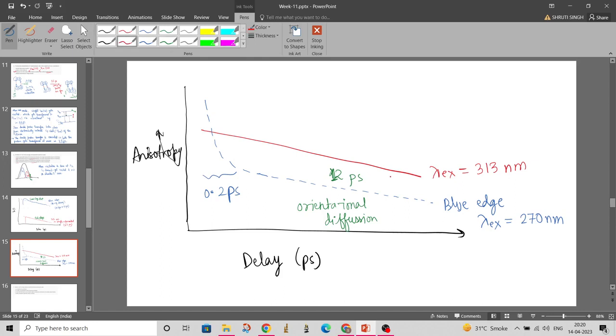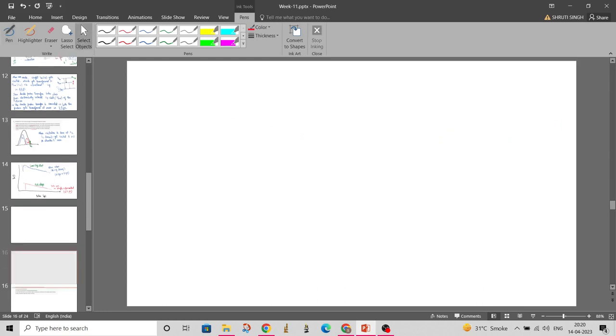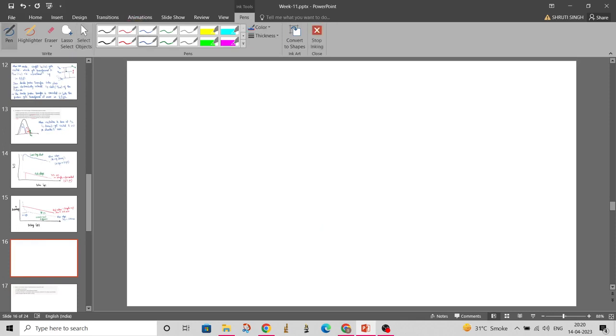So the red edge came as single exponential when excited at 313 nanometer. I'm writing the same thing which I told just now.